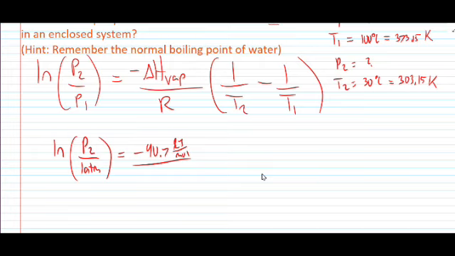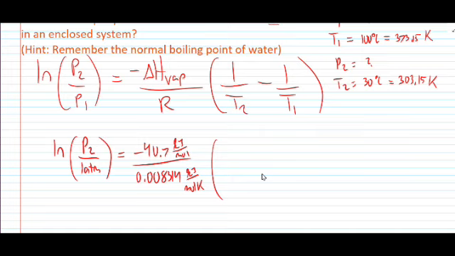And we're going to use the ideal gas constant, 8.314 joules per mole Kelvin. I'm going to convert that into kilojoules, 0.008314 kilojoules per mole Kelvin, so that we get our units matched up.